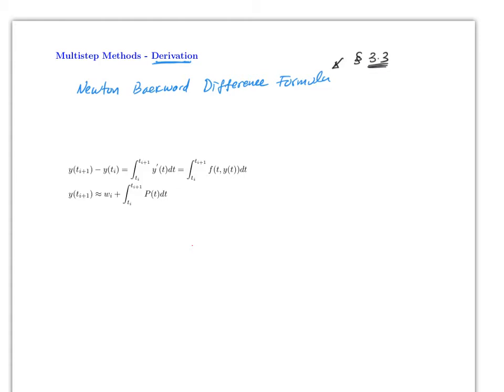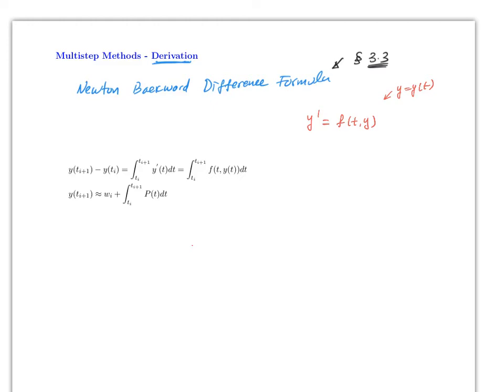Remember that we are actually trying to solve this problem. Remember, y prime equals f of t, y, where y is a function that depends on t, so this is very, very important.